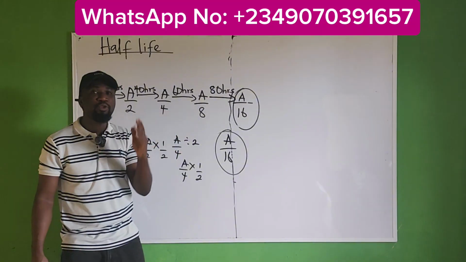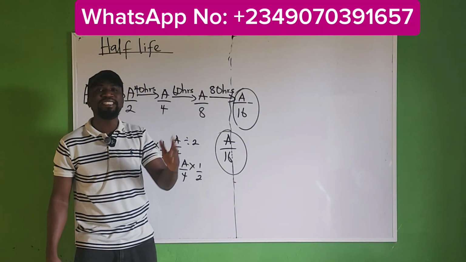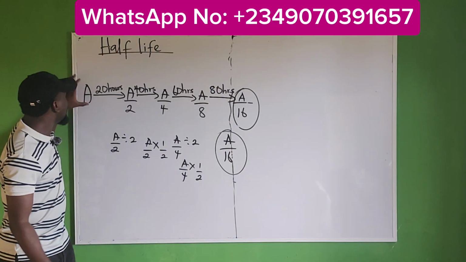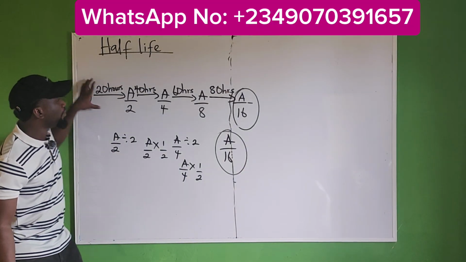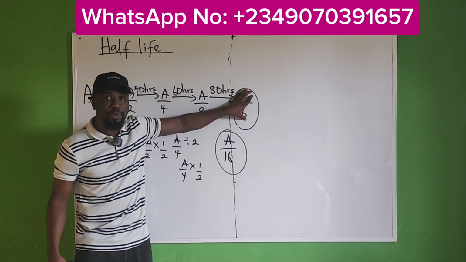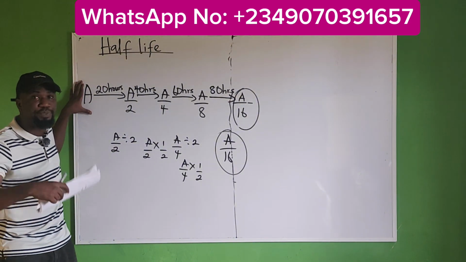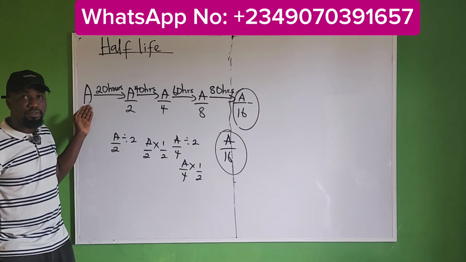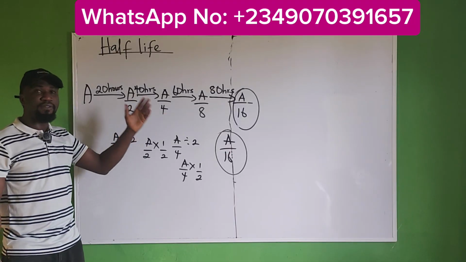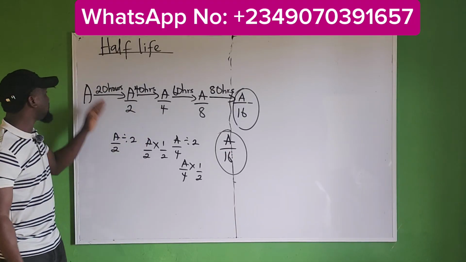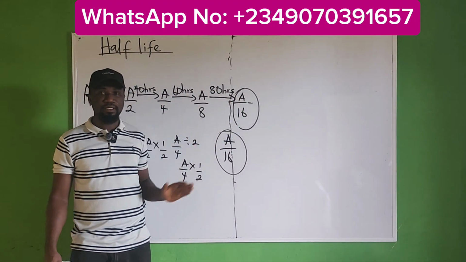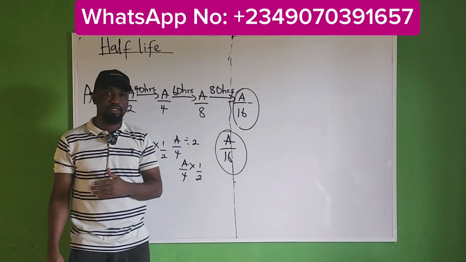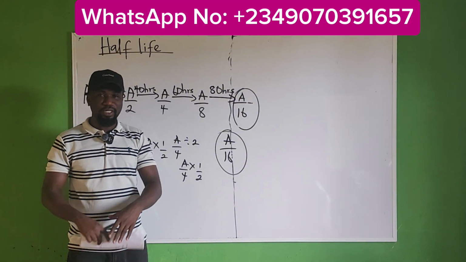If you are told to find the fraction that has gotten decayed or disintegrated, that is the initial value, A, minus A over 16. For me now, I just have to use A. You can use B, you can use C, since the value is not given to us. So the value that has gotten decayed is A minus A over 16, and that will give us 15 over 16 A. Is that taken? All right.